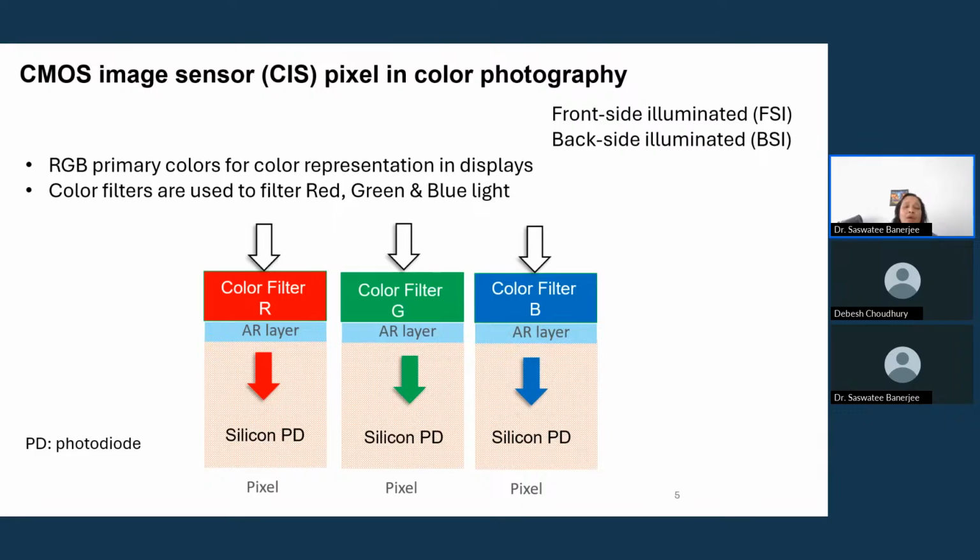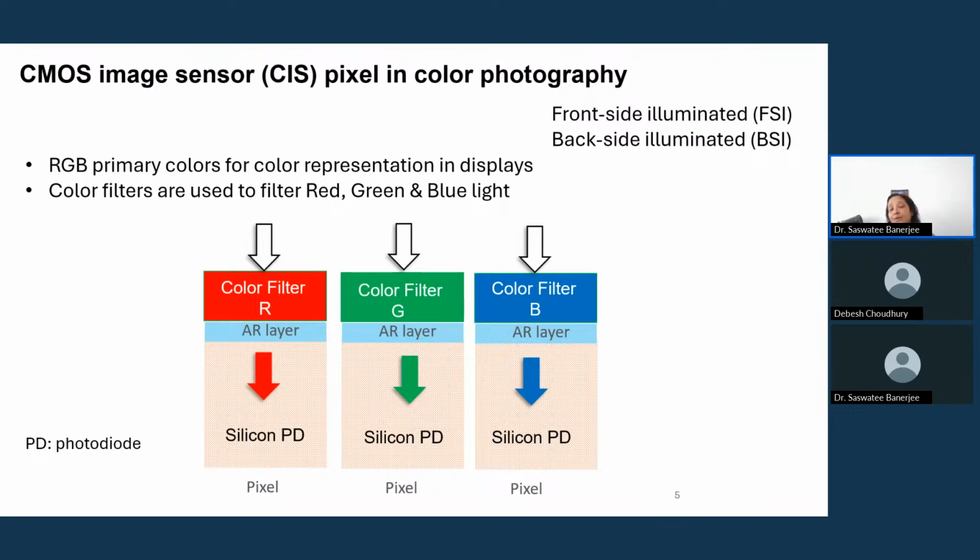Now, in color photography, of course, there is a color effect, and I also want to say that there are different types of these structures: one is front side illuminated, the other is back side illuminated. If you are interested in details, we can talk about them offline.